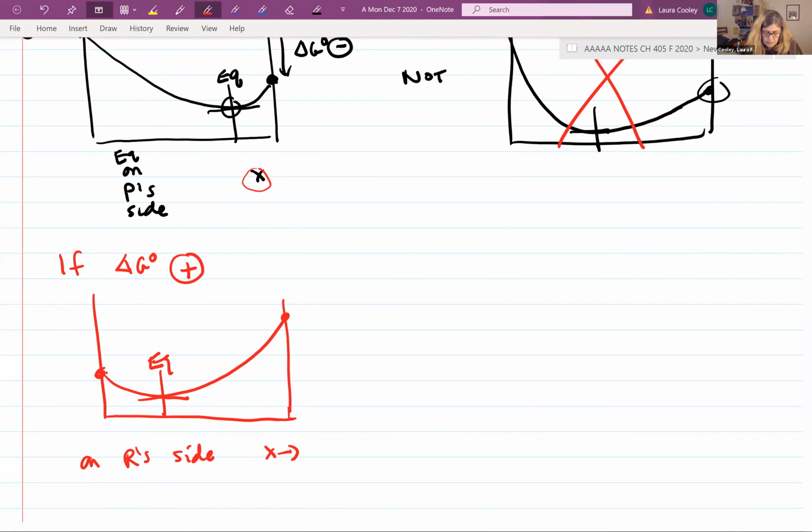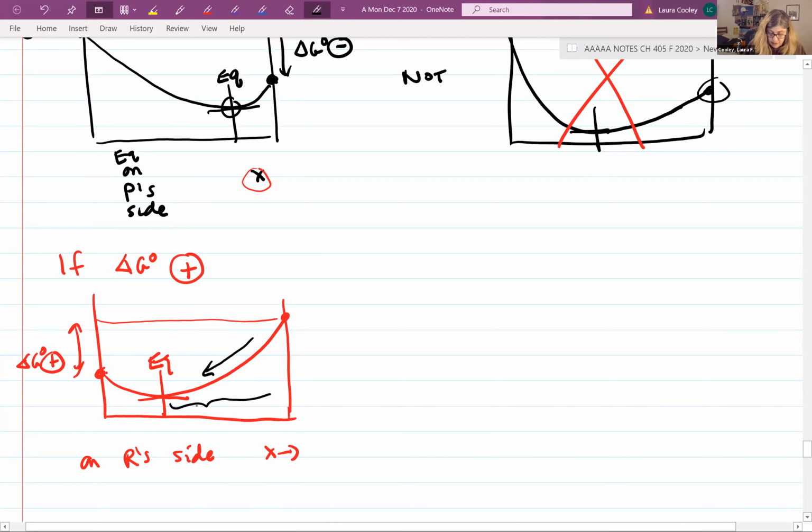But if you know that you have a reaction like this with a positive delta G, this is the positive delta G here. In most cases, like for most concentrations, the reaction is going to be going backwards.